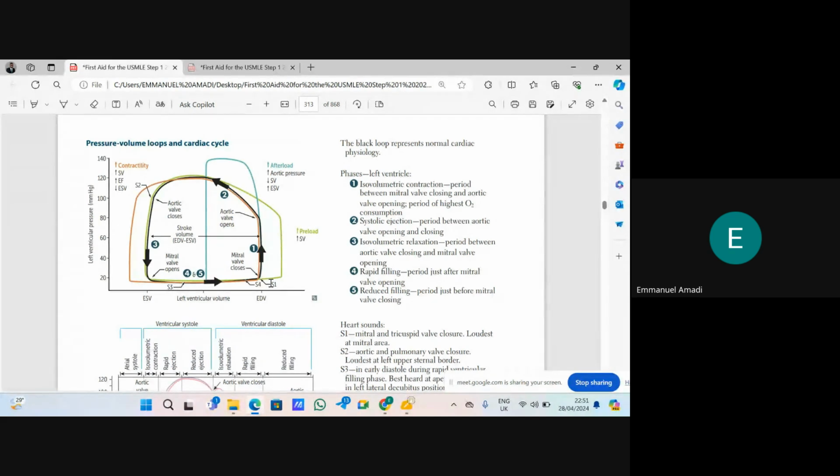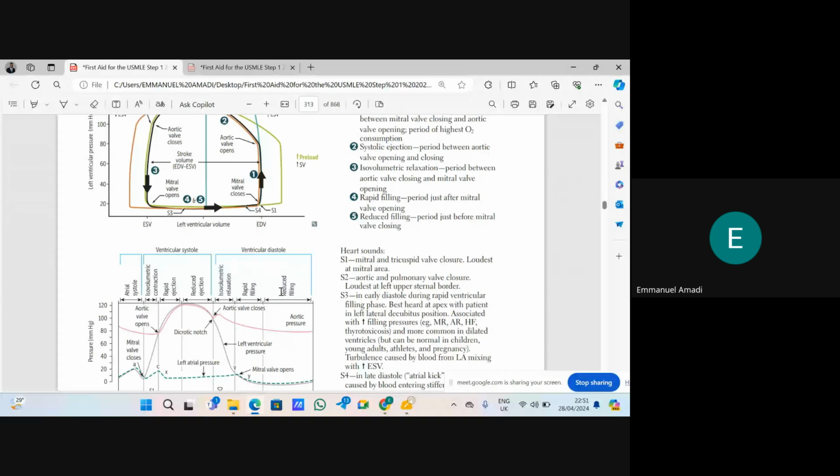That is normal. Your S2 is when your aortic valve and your pulmonic valve close. They close almost simultaneously, the same as the mitral and tricuspid valves. So this gives you your S2.